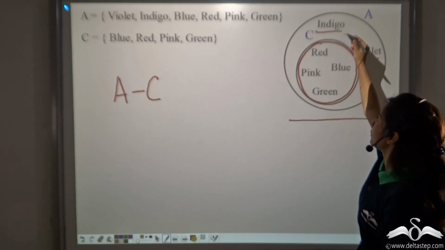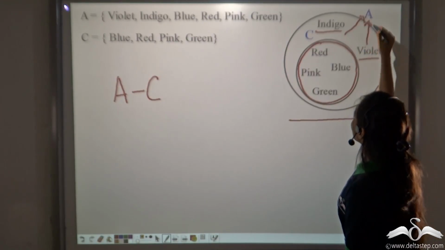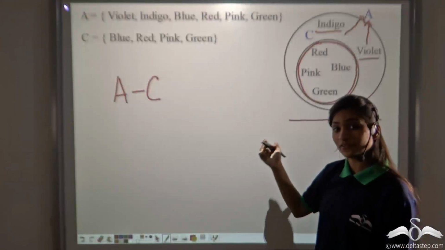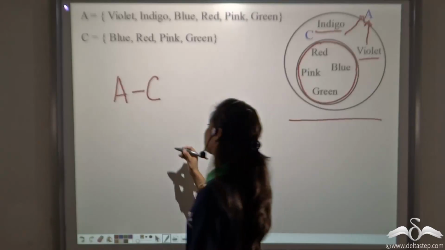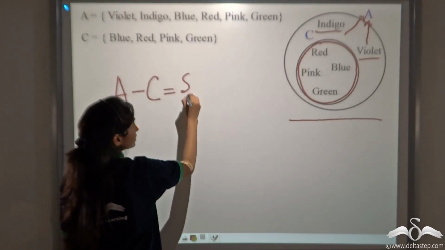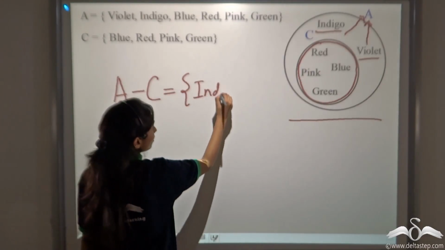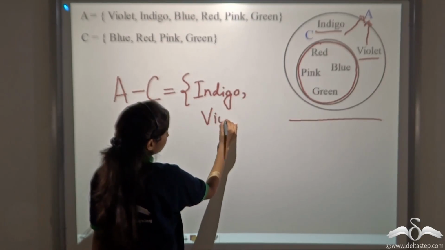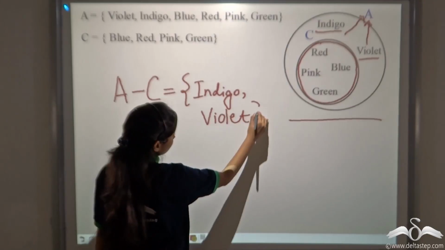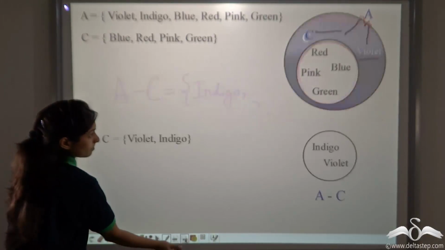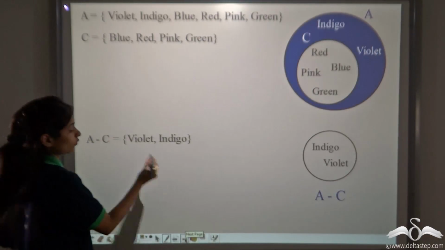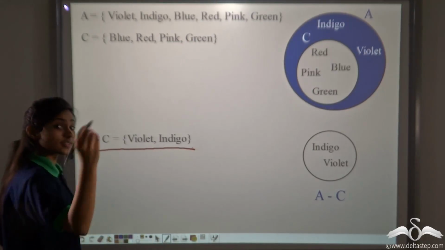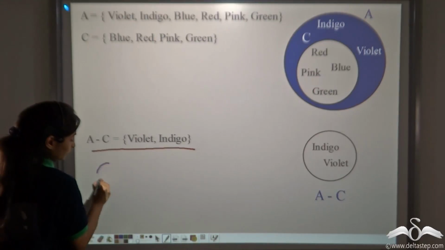No, they only belong to A. Now, these elements do not belong to C. So, that is what we have to find in A minus C. A minus C is indigo and violet. So, we got A minus C here. Now, find out C minus A yourself.